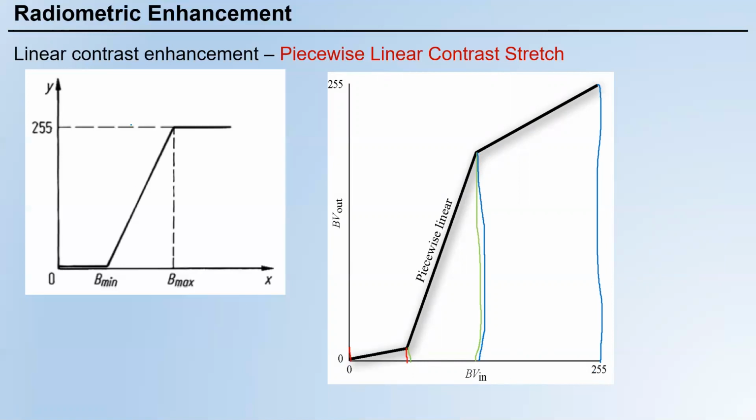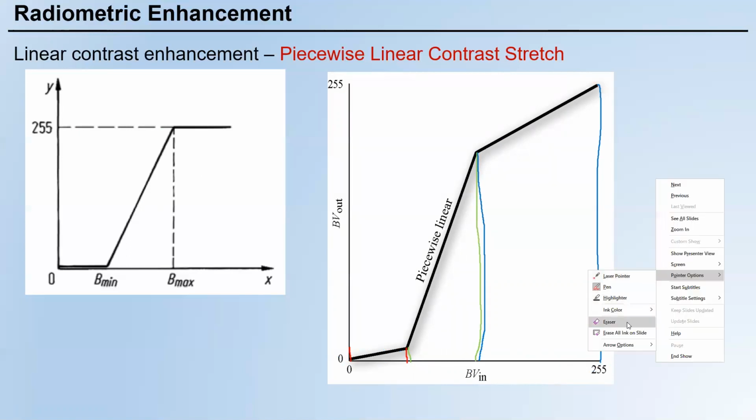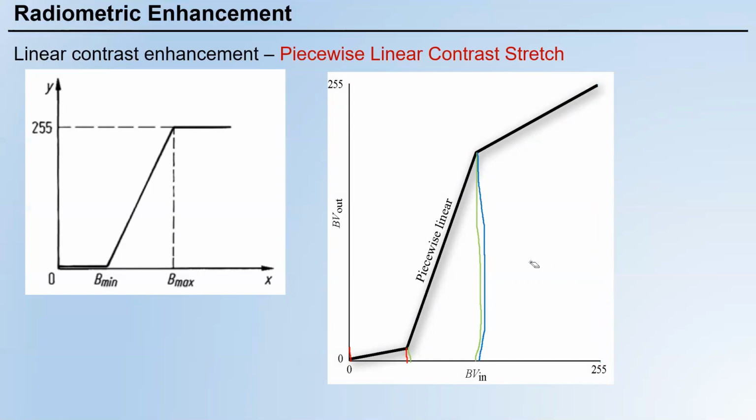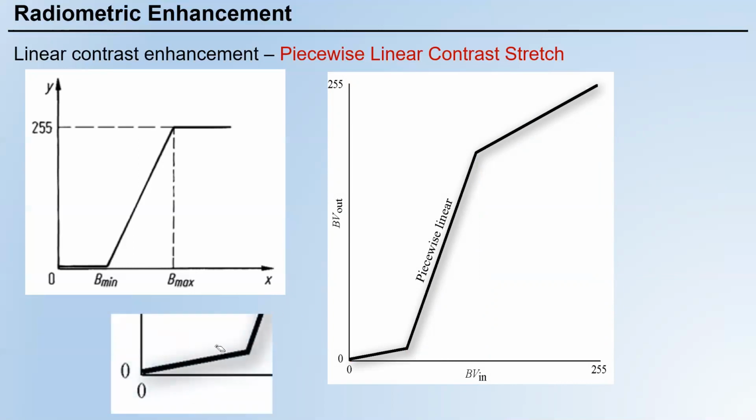And again, just like this figure, horizontal axis is for BV in, or pixel values for input image, and the BV out, the vertical axis is for pixel values of output image. Let me erase them. Okay, let me clean them. Okay, let's zoom a little bit. Let's focus on the first segment of this piecewise linear contrast stretch. Let me turn off the eraser.